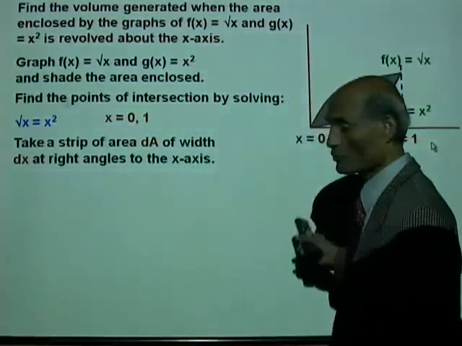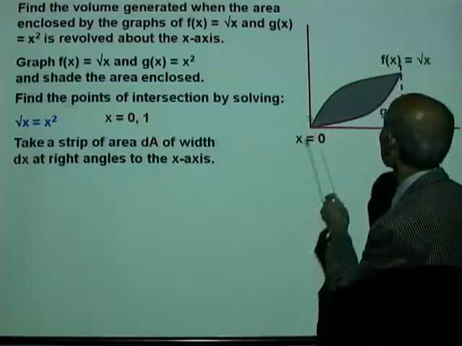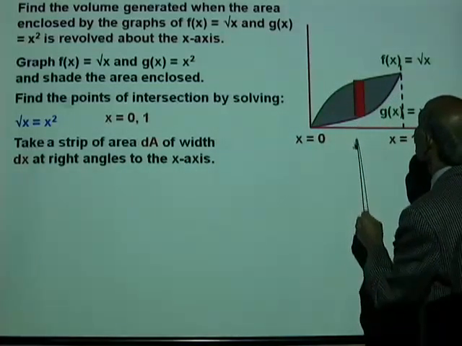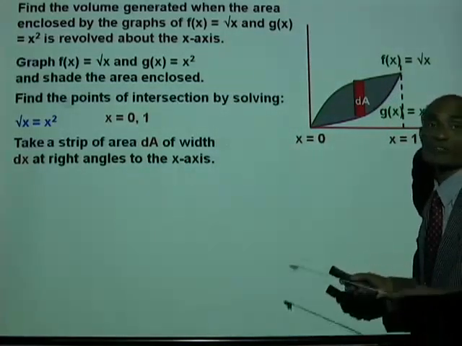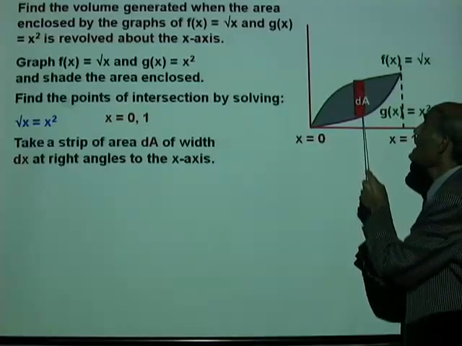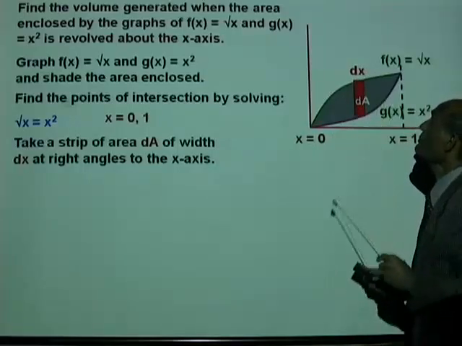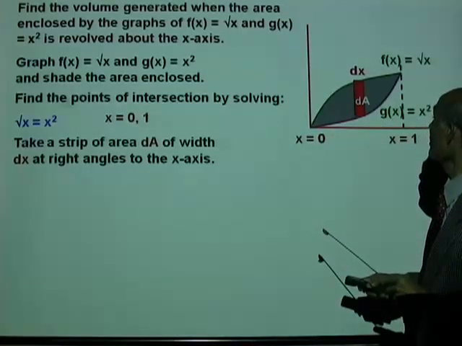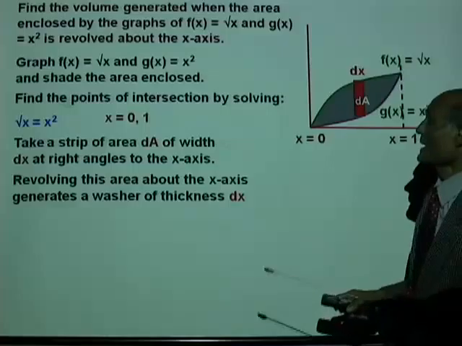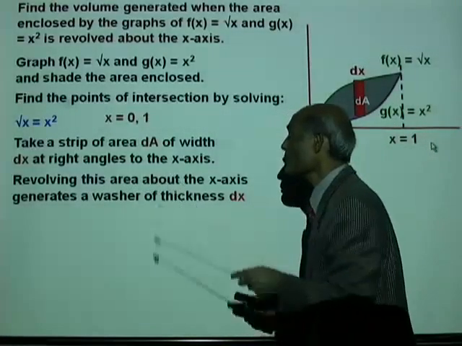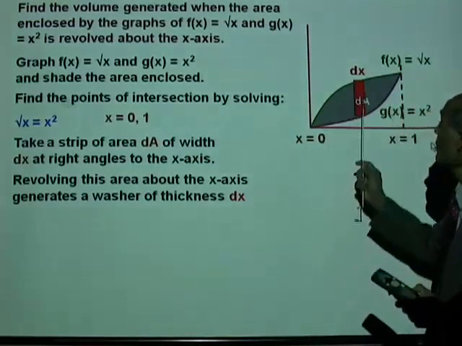Alright? So what will that be? We will construct an area dA here at right angles to the x-axis. What is the width of that area? The width of that area will be dx.